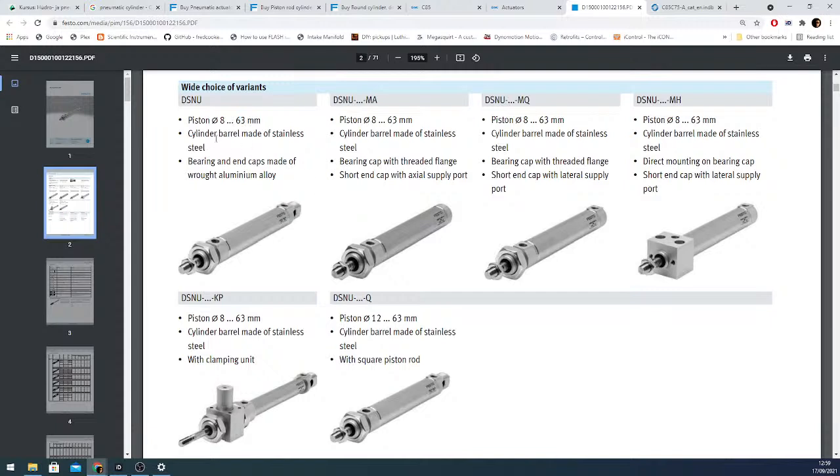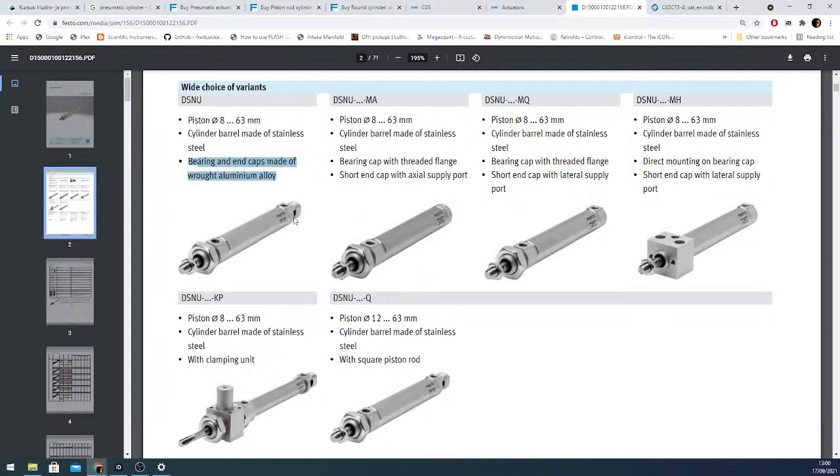And then we can see that all the barrels are made from stainless steel. Yeah, all of them. And then we can see what the extra features of these cylinders are.